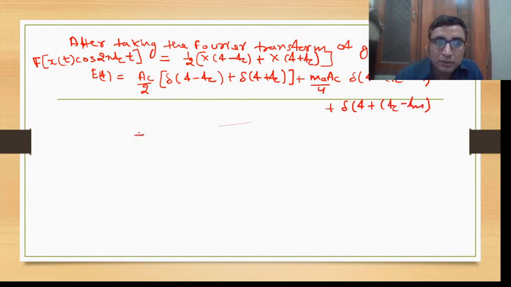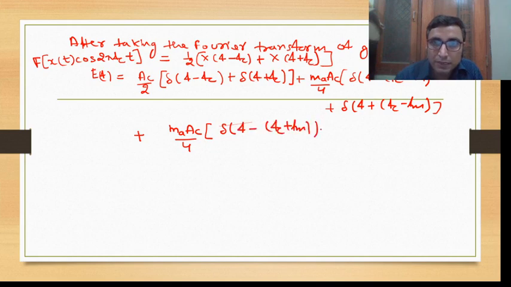And for the third component, Ma Ac by 4 into del of (f minus fc plus fm), the upper sideband, and similarly del of (f plus fc plus fm). So after taking the Fourier transform, we are getting this equation in frequency domain.